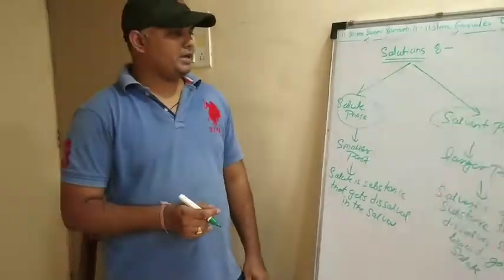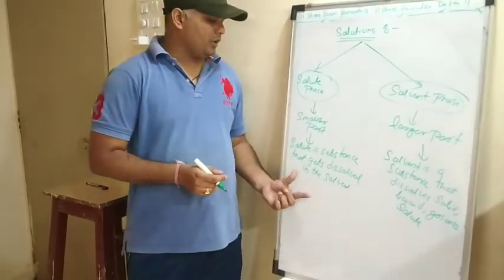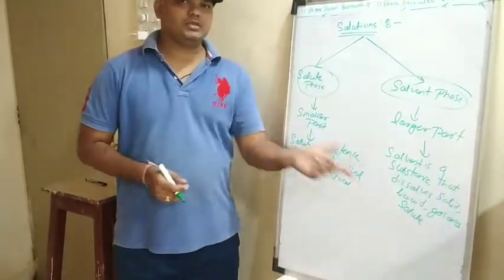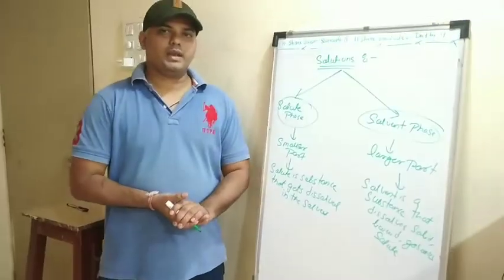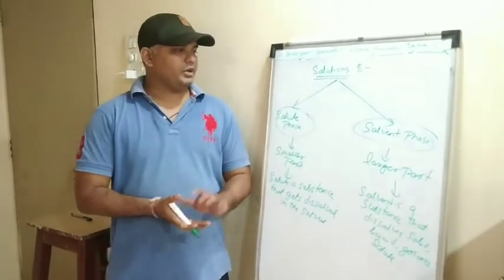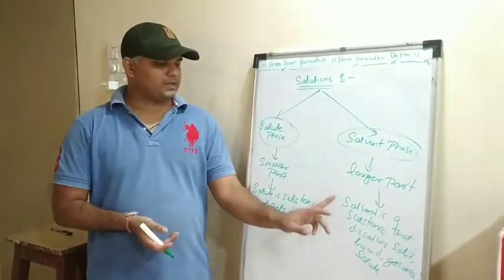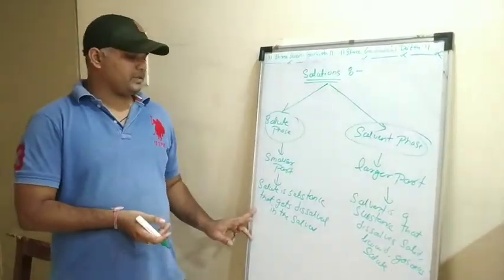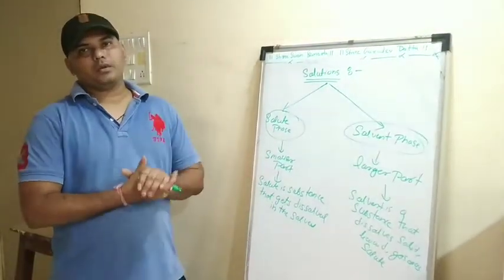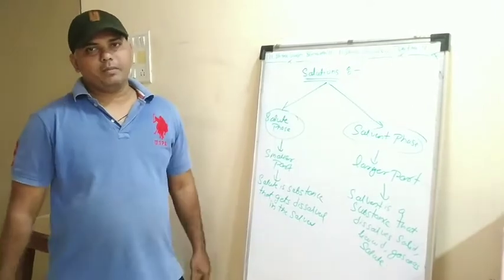So here you can understand both the meanings. Solute is a substance that gets dissolved in the solvent, and solvent is a substance that dissolves the solid, liquid and gaseous solute, right? So in short we can say solvent ऐसा substance है जो कि solute को dissolve करता है और solute ऐसा substance है जो कि solvent में dissolve होता है. So this is the very simple meaning of this.